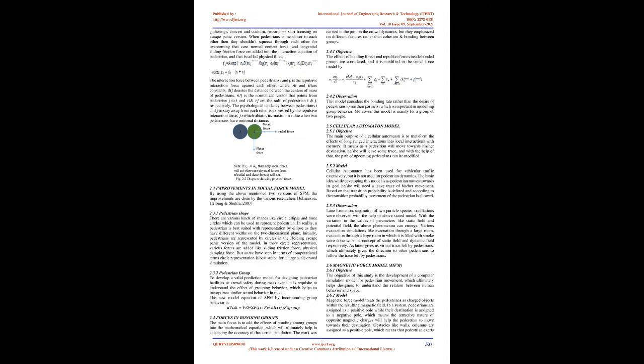Therefore, this study was undertaken to simulate the pedestrian traffic with the help of a microscopic model to analyze the pedestrian traffic behavior, as different pedestrians affect the traffic in a different way. The focus of this study is to optimize the pedestrian trajectory with the help of the social force model.